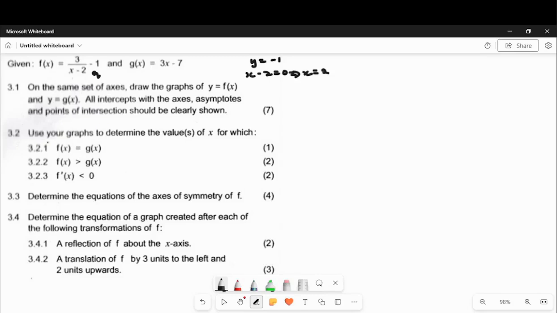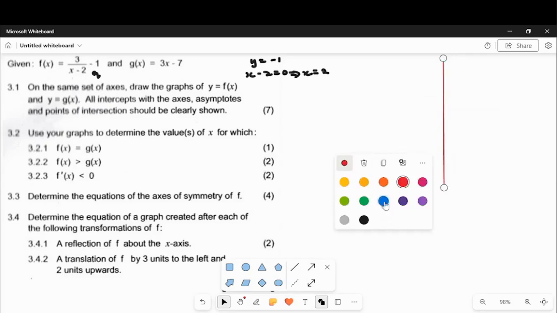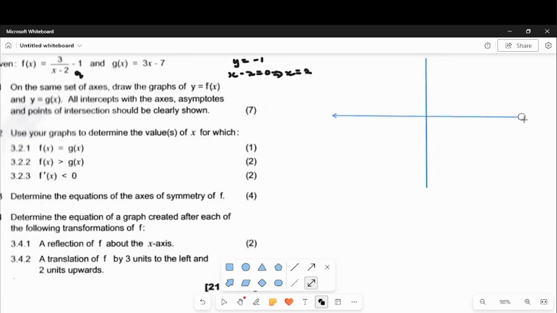Let me just draw a Cartesian coordinate system and then indicate these two asymptotes, and then I will shift my focus to the intercepts of both functions. Let me use a blue pen for my x-axis.